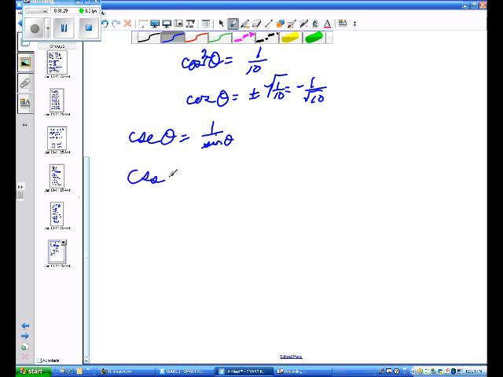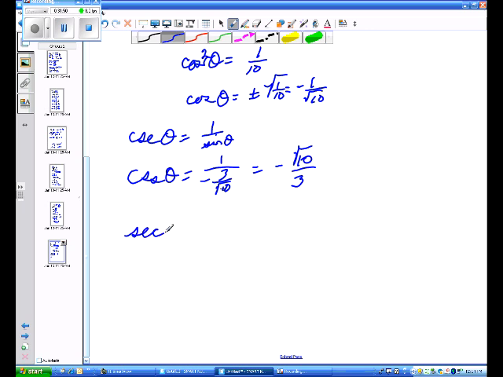The sine of theta was negative 3 over the square root of 10, so we have the reciprocal of this, which would be negative square root of 10 over 3.